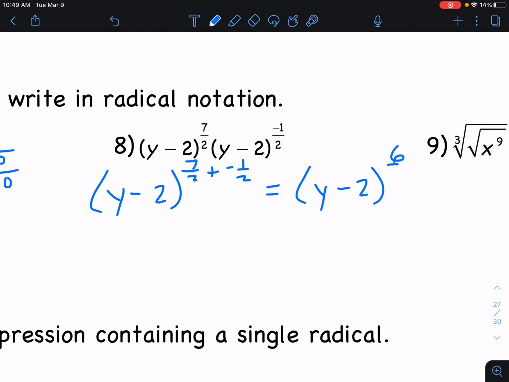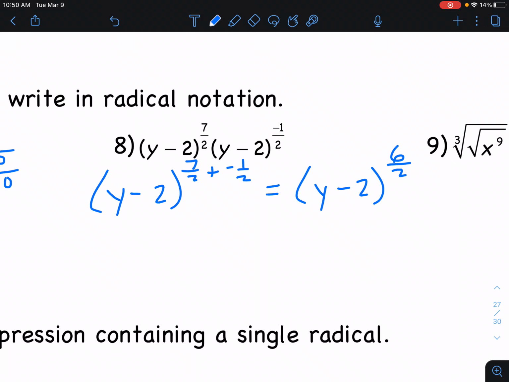6 halves. Now don't turn this into a whole number 3. Because if you do that, we can't actually meet our goal of the problem, which is to write it in radical form. So please keep it 6 over 2. You can't do 3 over 1, all right? A 1 as a denominator is not a square root.